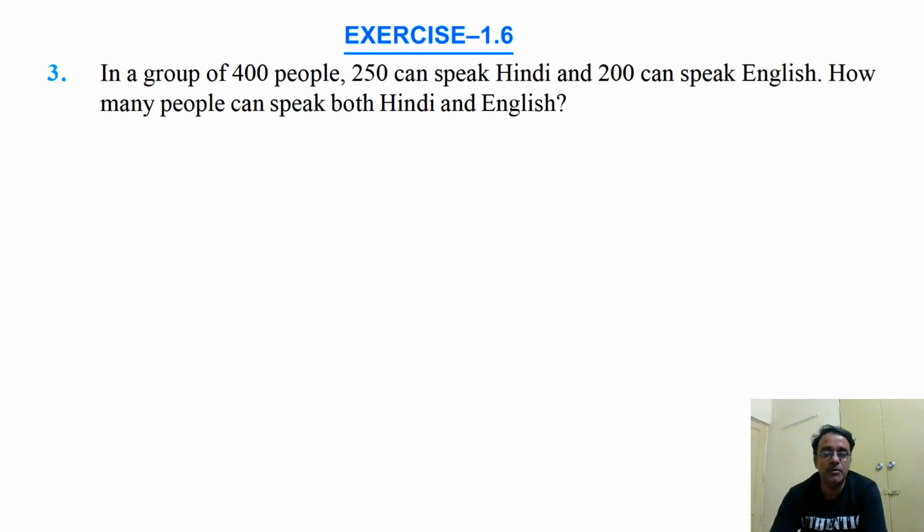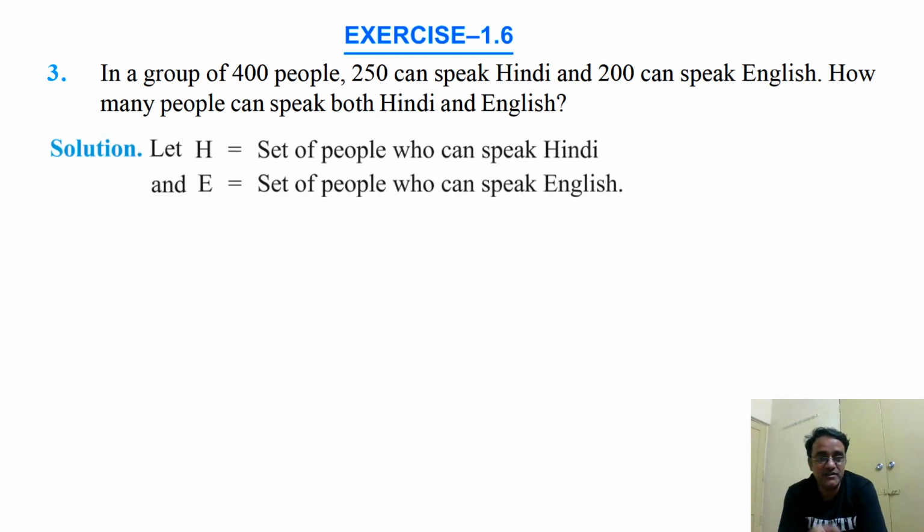Now in a group of 400 people, 250 can speak Hindi and 200 can speak English. So we'll take one set for Hindi and another set for English, and the group of 400 people. So the total number of people is 400. How many people can speak both Hindi and English? So first we'll take sets.